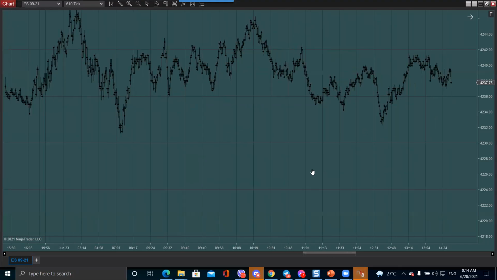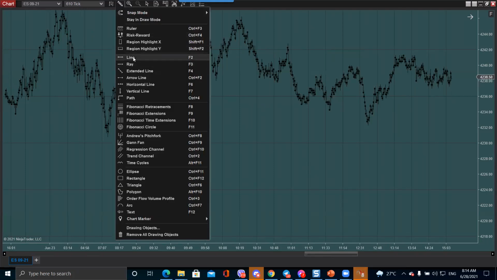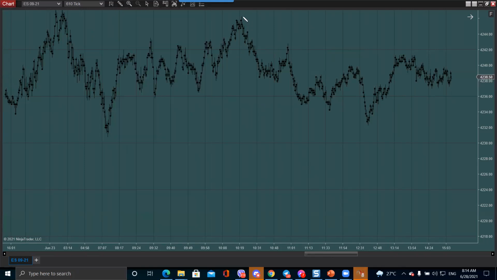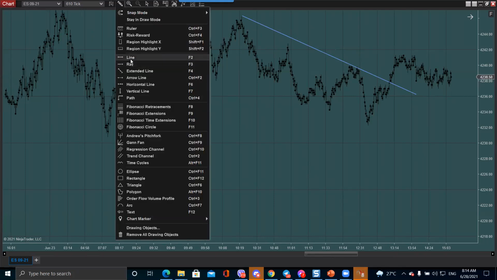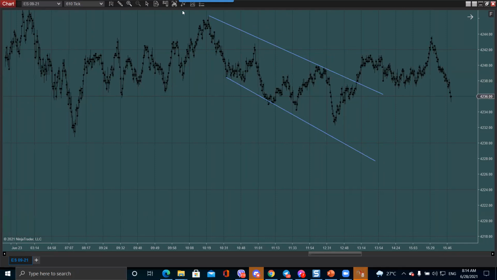If I'm looking at this, there's a good one. Just drawing a trend line, basically supporting that area. That's what it is, where it's really honoring this resistance area here, as well as the support area here.